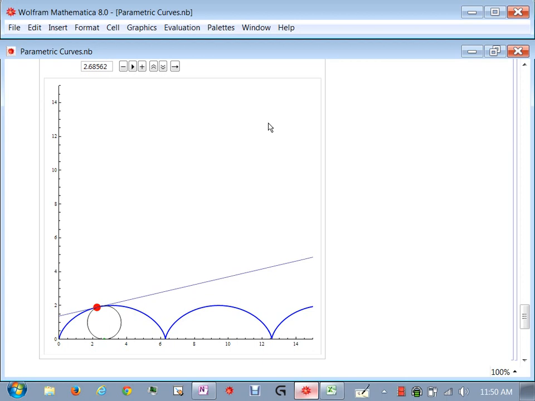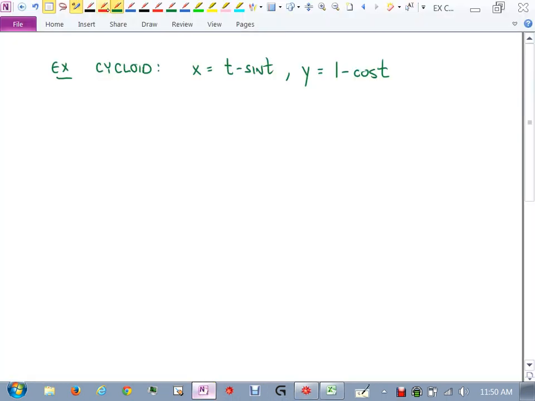Okay, let's try and figure out what the slope of this tangent line is. What is the formula for it? So y prime would be dy/dt over dx/dt, which for us is the derivative of y with respect to t, which you said was what?